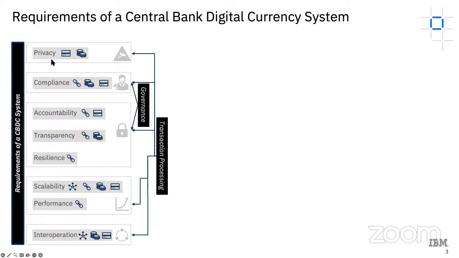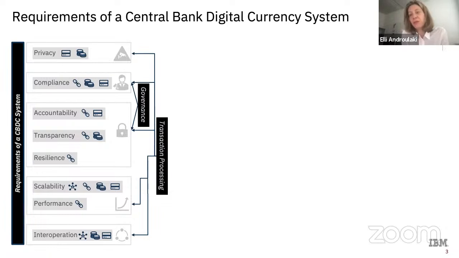Privacy is an important aspect, privacy of the payments involved, especially if we are talking about a system that will need to transparently validate transactions that appear in it, such that every participant in it can verify that this transaction was indeed honoring the rules of that asset management system.